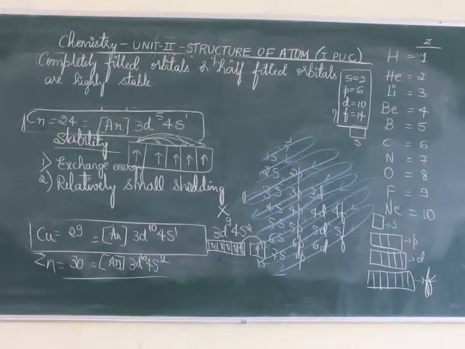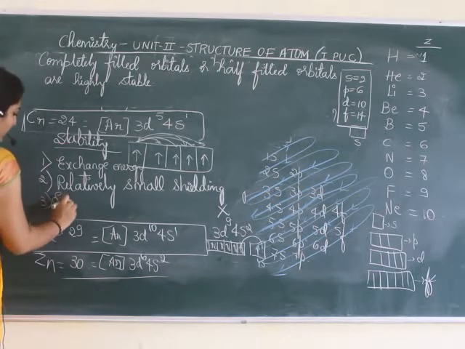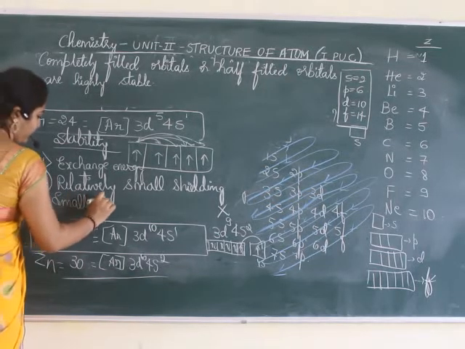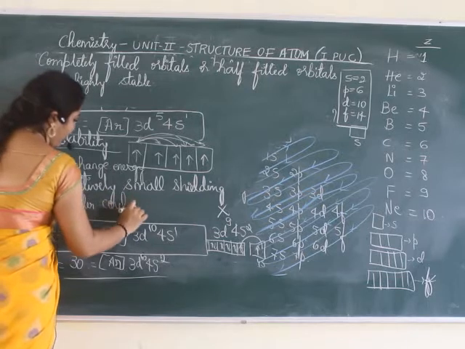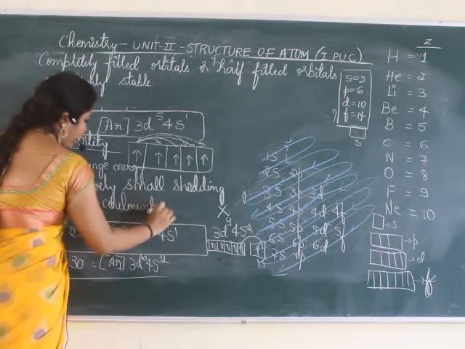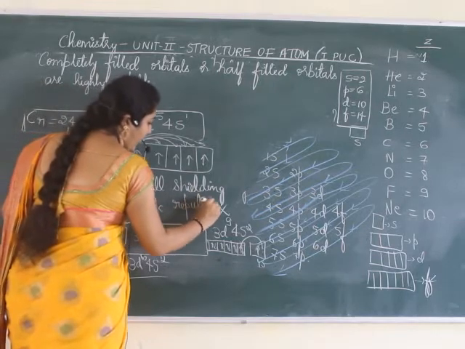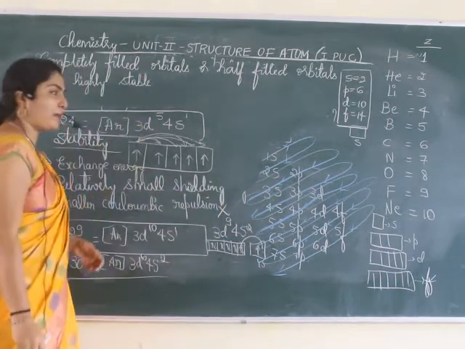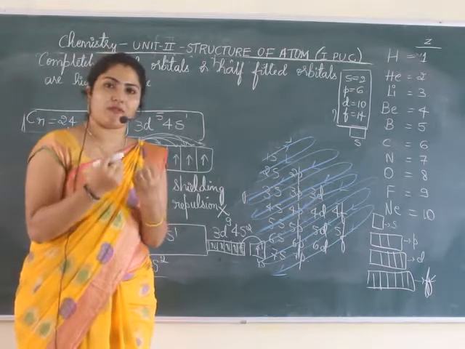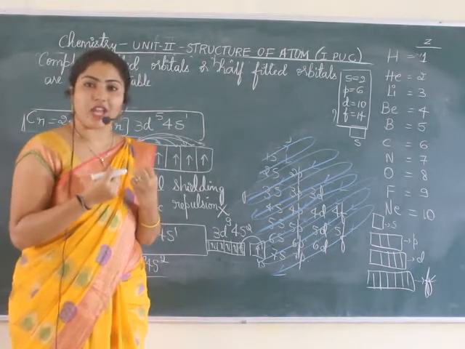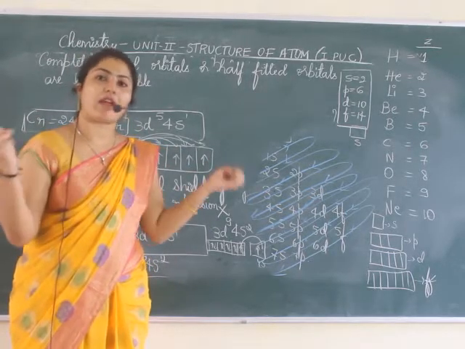So relatively small shielding. Smaller Coulombic repulsion. You know what it is? The repulsion here, what happens? If there are two electrons, both electrons are negatively charged, so negative they try to repel.